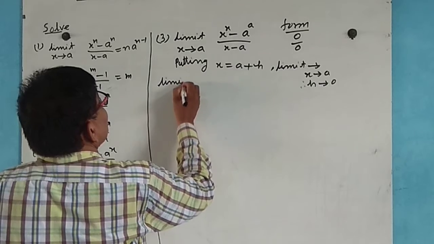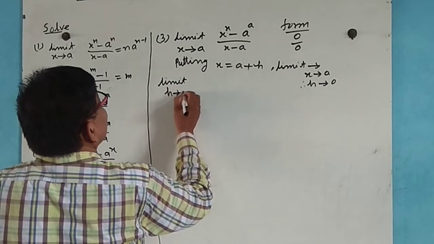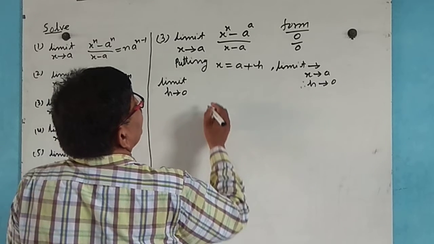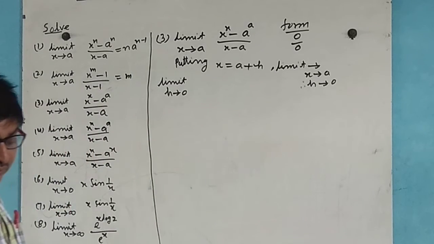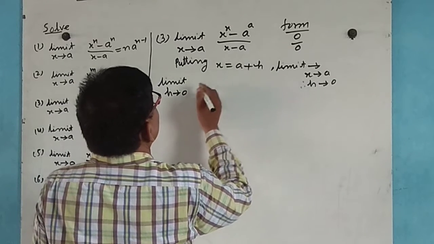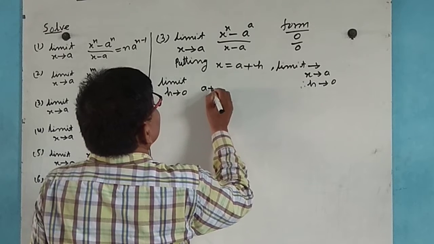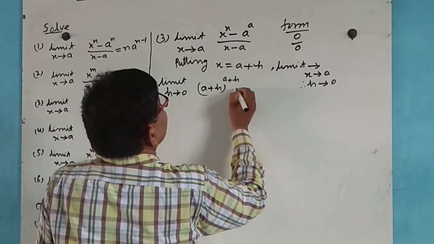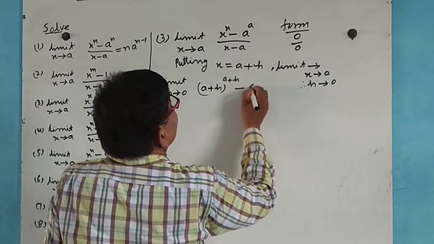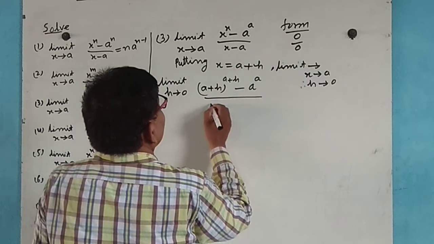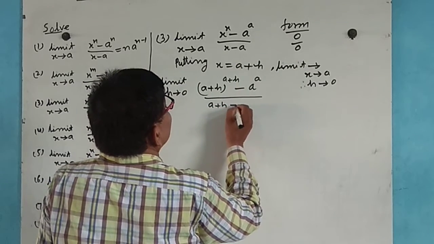So limit h tends to 0, (a plus h) to the power a plus h minus a to the power a divided by a plus h minus a.